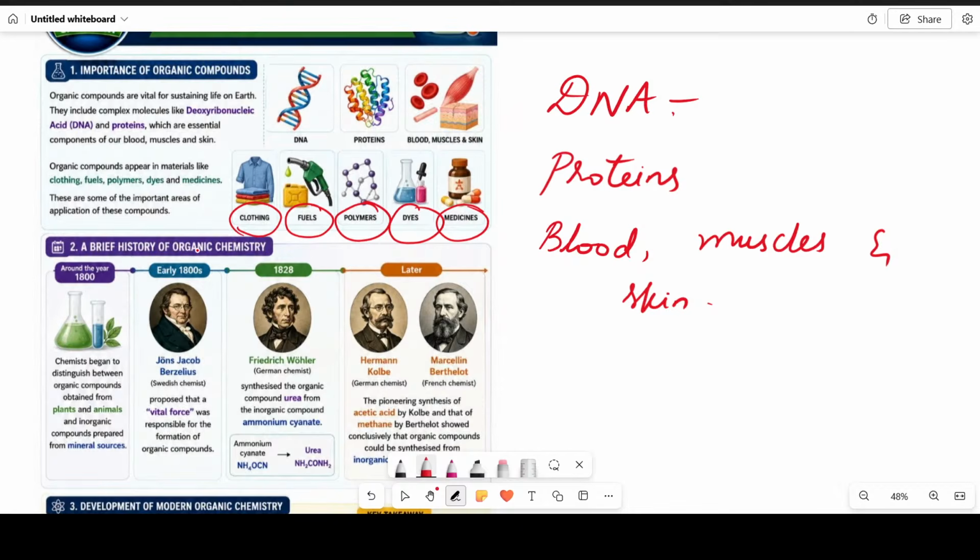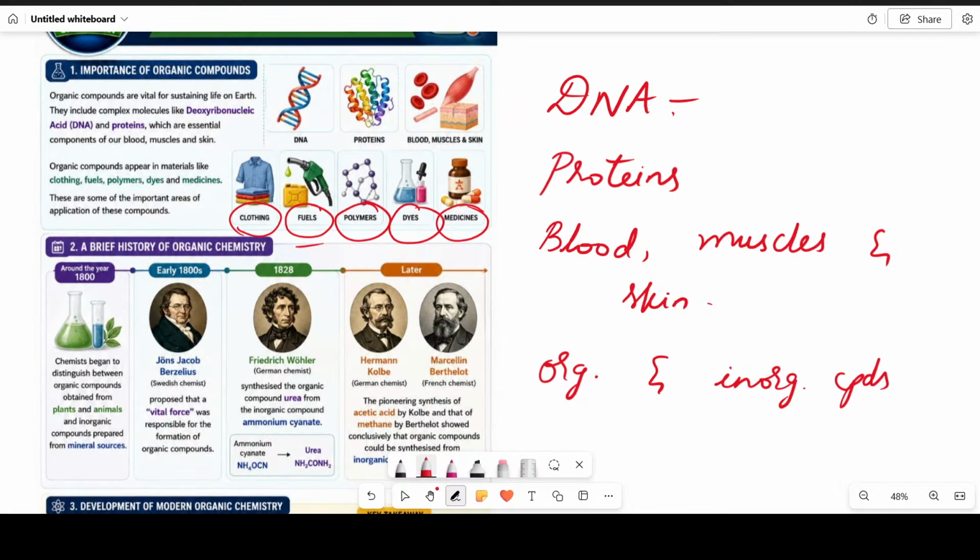What is the brief history of organic chemistry? It goes back to 1800, when chemists started to distinguish between organic and inorganic compounds. They thought that all organic compounds were obtained from plants and animals, while inorganic compounds were prepared from mineral sources.